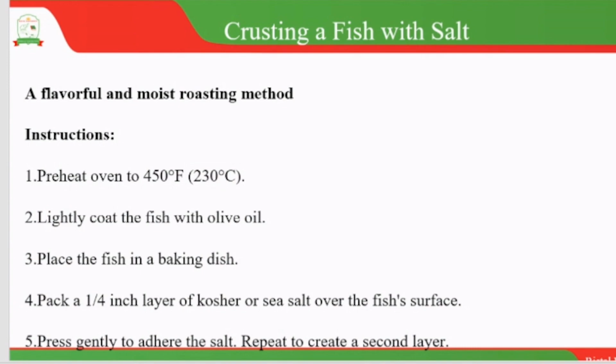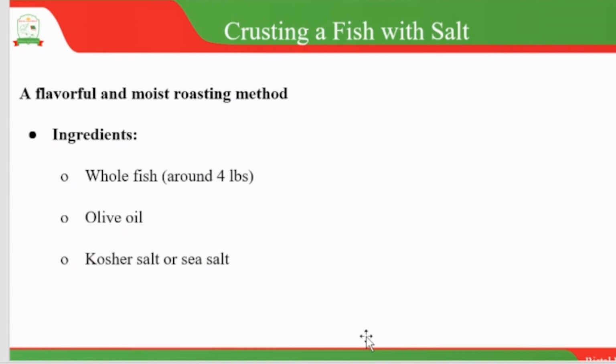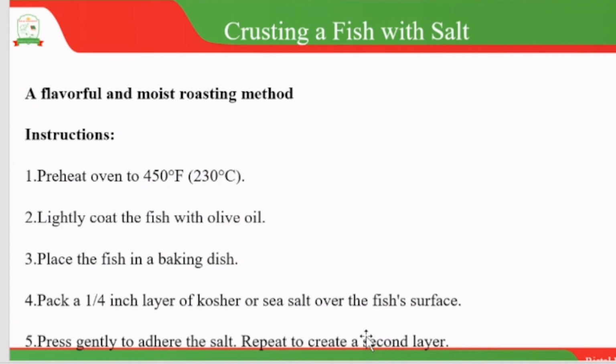Oh, you guys, sorry. I think you're having network challenges here and there. But let's wrap it up. We are looking at this small example of crusting of the fish, and we looked at the amount of ingredients you're supposed to use: the fish, the olive oil, and also the table salt.